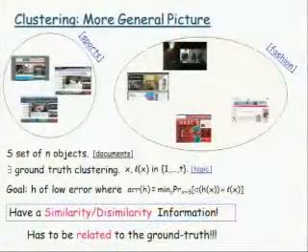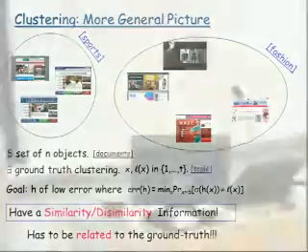More generally, going back to the general picture where our goal was to get a clustering of low error, one could imagine analyzing other types of properties about how the target clustering and the similarity measure relate, and develop algorithms that can be used to cluster well if those assumptions are satisfied. In fact, I have a whole line of work that does this.